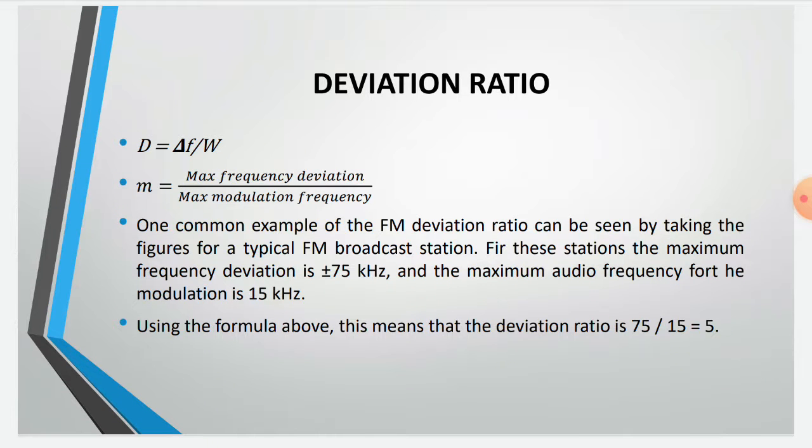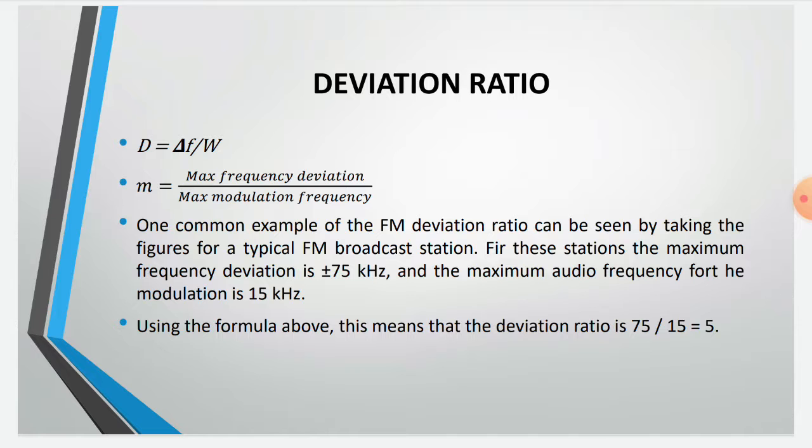Deviation ratio. D is equal to delta f over W, which is max frequency deviation over max modulation frequency. One common example of the FM deviation ratio can be seen by taking the figures of a typical FM broadcast station.